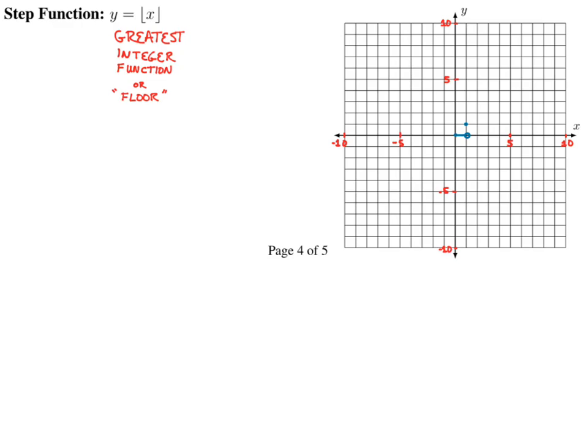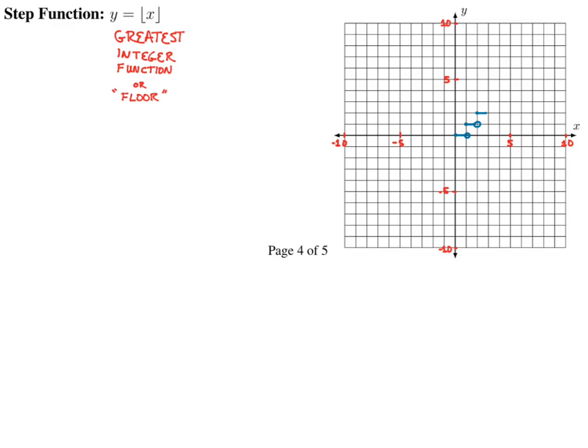And then as you work your way to the right of 1, meaning numbers slightly more than 1, but less than 2, the greatest integer that is less than or equal to those numbers is still 1. Until you get to 2, and then it'll change. So we put an open dot at 2. At 2, the greatest integer that is less than or equal to 2 is 2.